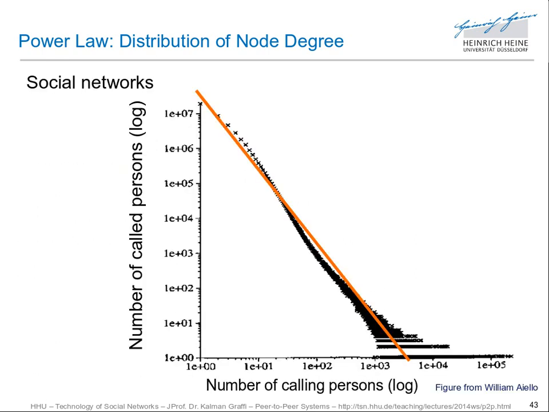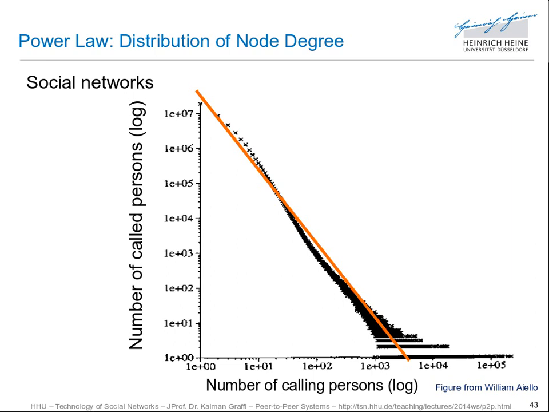Okay, we have here a distribution of the node degree in social networks. This is an example, and here we have measured how many persons call other persons, in a log-log scale.